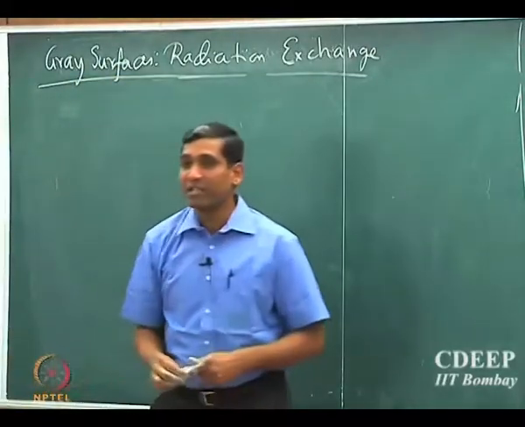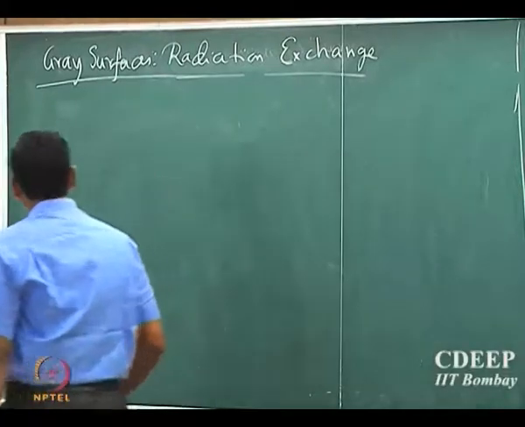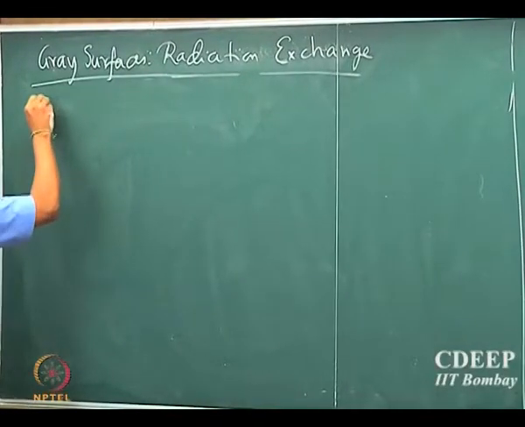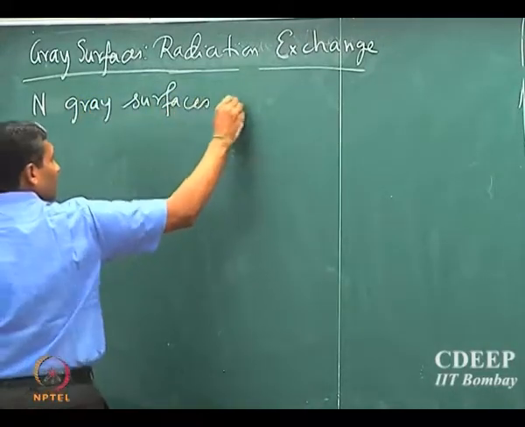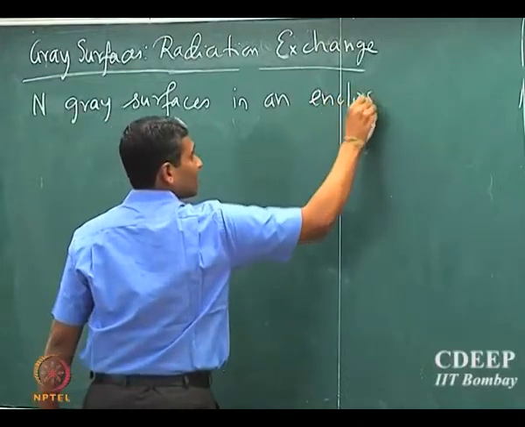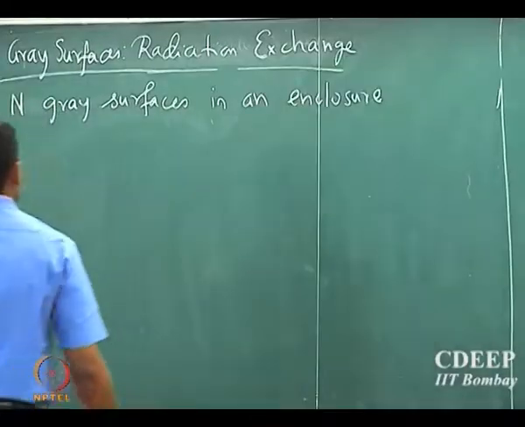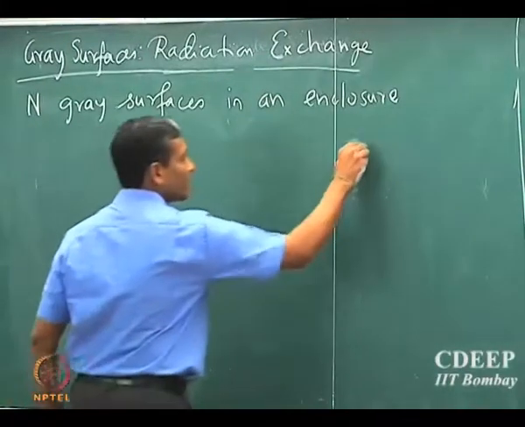We are going to look at radiation exchange between gray surfaces. To start with, let us say that there are n gray surfaces in an enclosure.